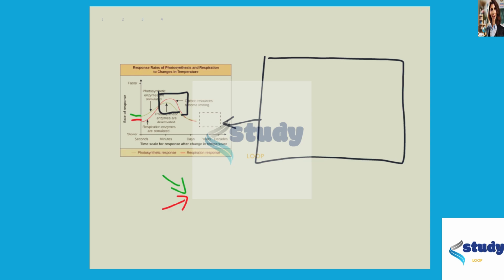Okay, and so what we're going to see is this new stability, and if we assume that the temperature doesn't change again, our photosynthesis will get back to its appropriate peak. Okay, and then the rate of respiration, so the difference between these two should be shorter than they were before. Okay, so we want this gap to be smaller than that one.